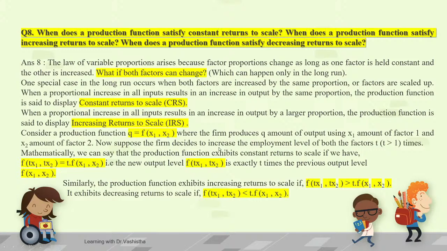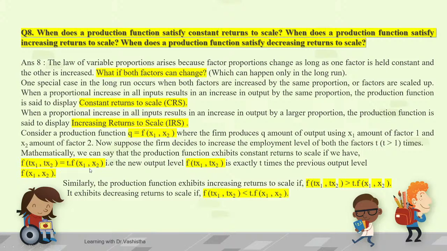Now suppose the firm decides to increase the employment level of both the factors t times, where t is greater than 1. Mathematically, we can say that the production function exhibits constant returns to scale if f(tx1, tx2) is equal to t times f(x1, x2).